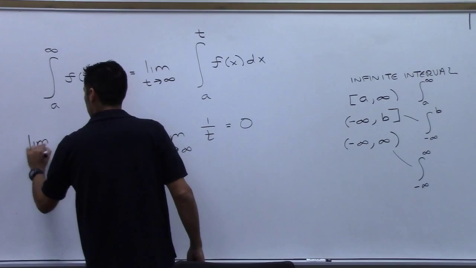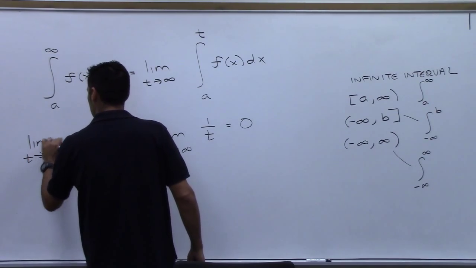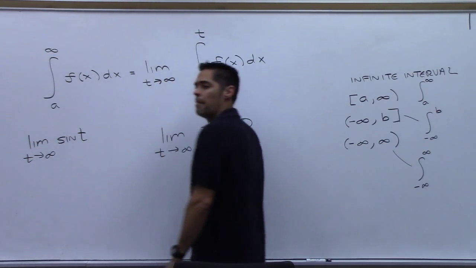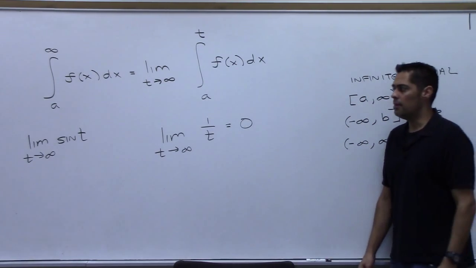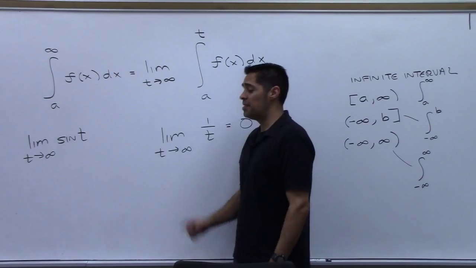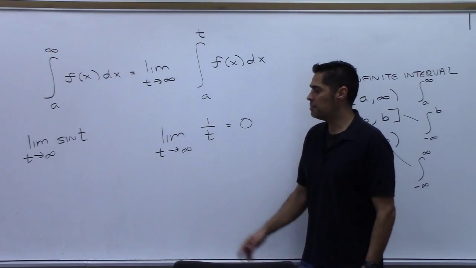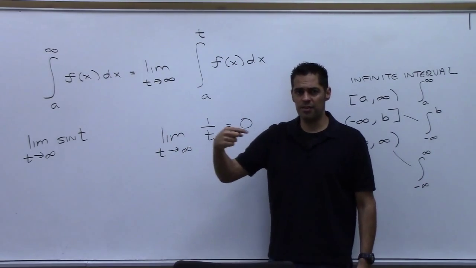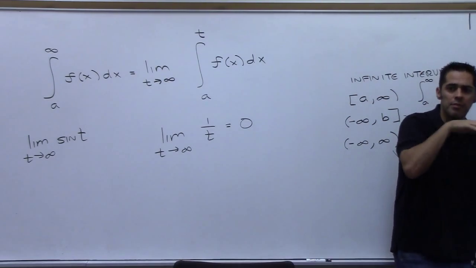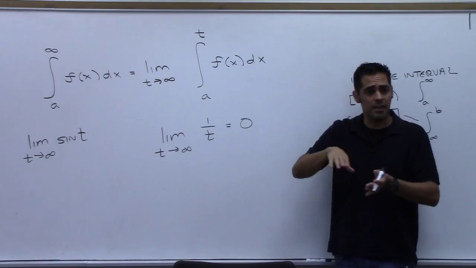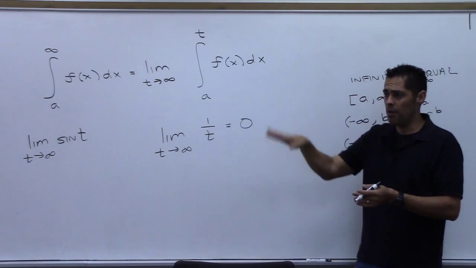Here's another limit. Limit as t goes to infinity of sine t. We would say it diverges. And the reason is because if you were to actually go out on the sine curve, it just keeps oscillating back and forth, so it's not going to any particular number. It just keeps going between -1 and 1, -1 and 1.